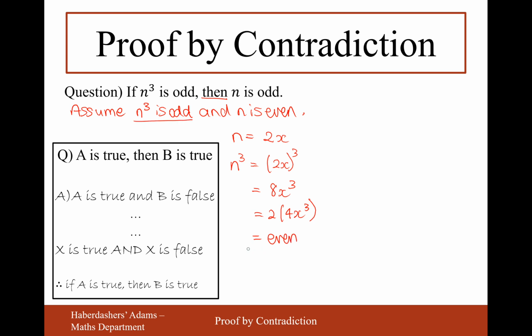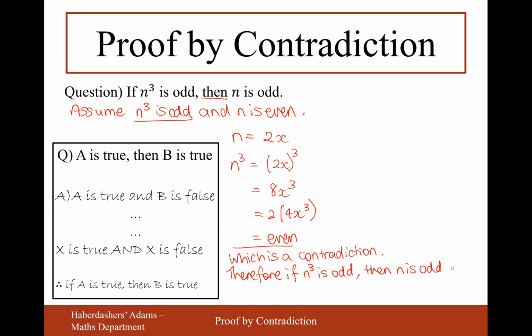N cubed is odd, and n cubed is even, which is a contradiction. So therefore, if n cubed is odd, then n is odd as well. So there we are, that's the answer to this question.